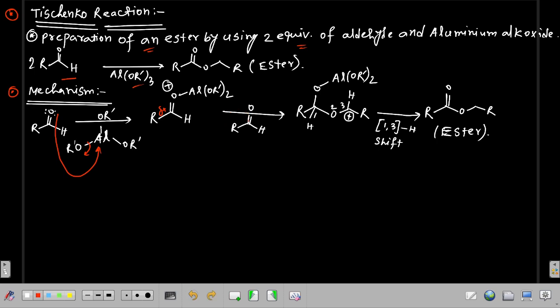This will be delta negative, this will be delta positive. The minus will attack this one, and this bond will break, and it will form O, and here it will form C, each R positive, like here a cation will form.